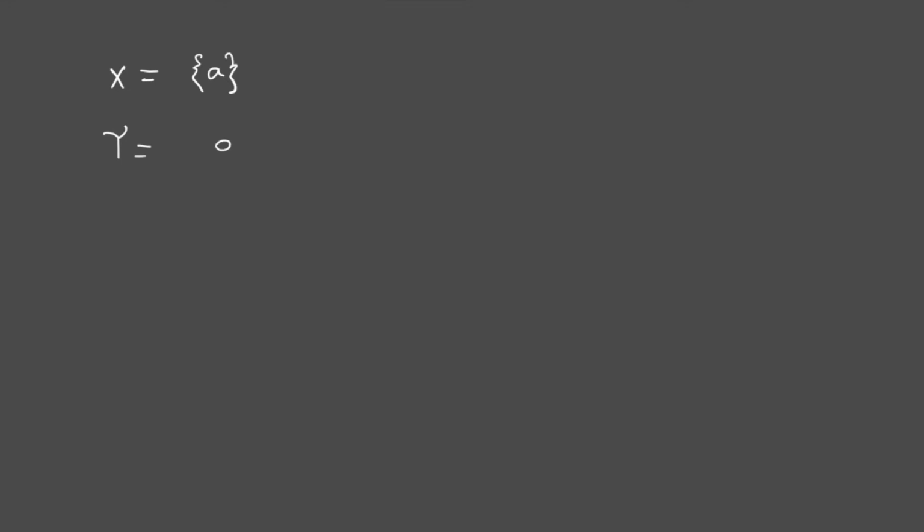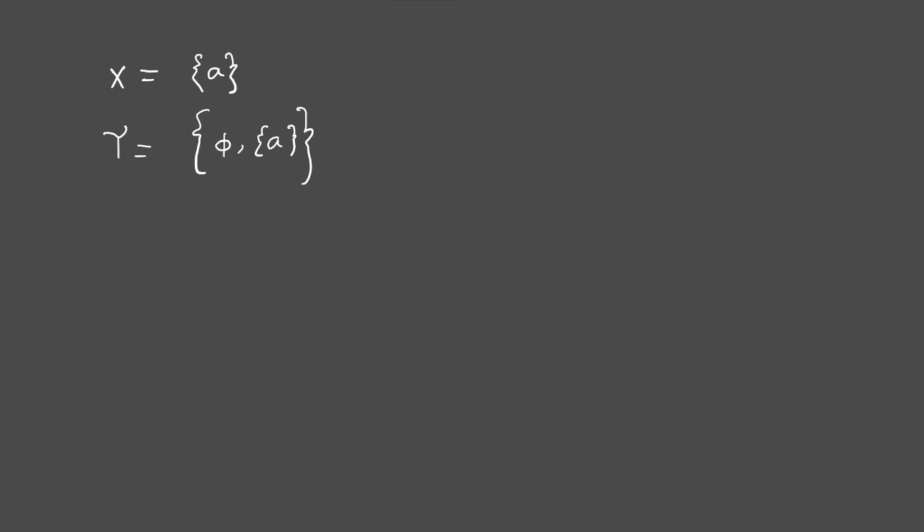The first element is phi and the second element is X. Actually, I will take A here. In collection tau these are two elements.